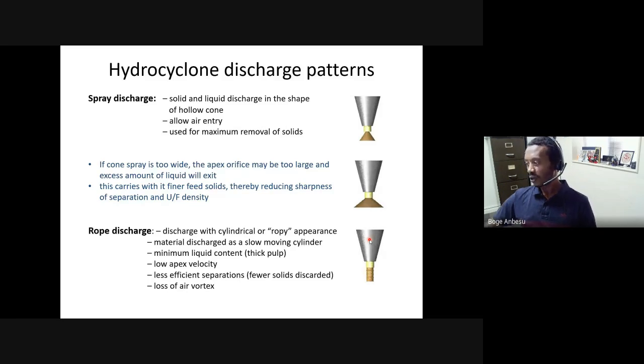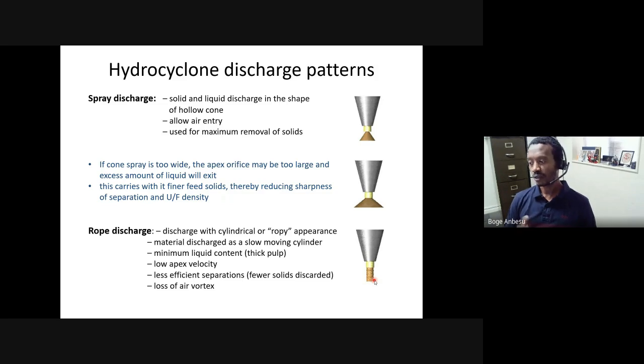So roping is a very common problem. Our cyclones usually operate at maybe a certain percent solids. You would expect around the exit at the underflow is maybe 75%, 70%, somewhere there. If it's too high, if it's in the 90%, then you have a problem with roping.